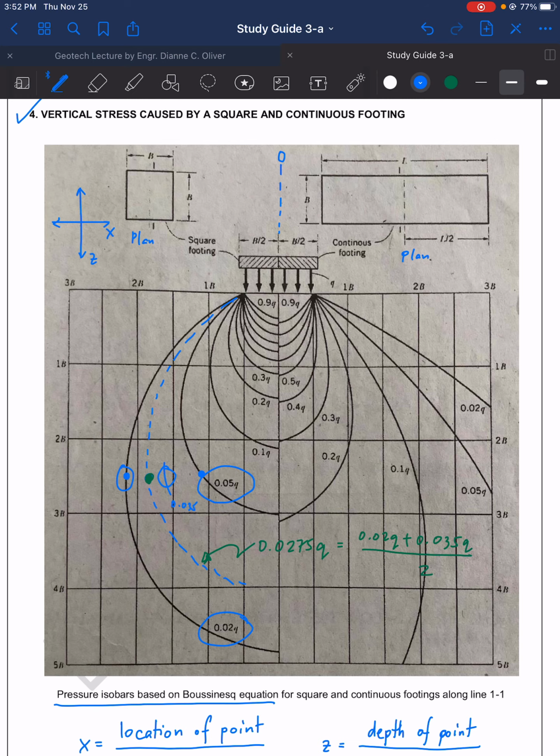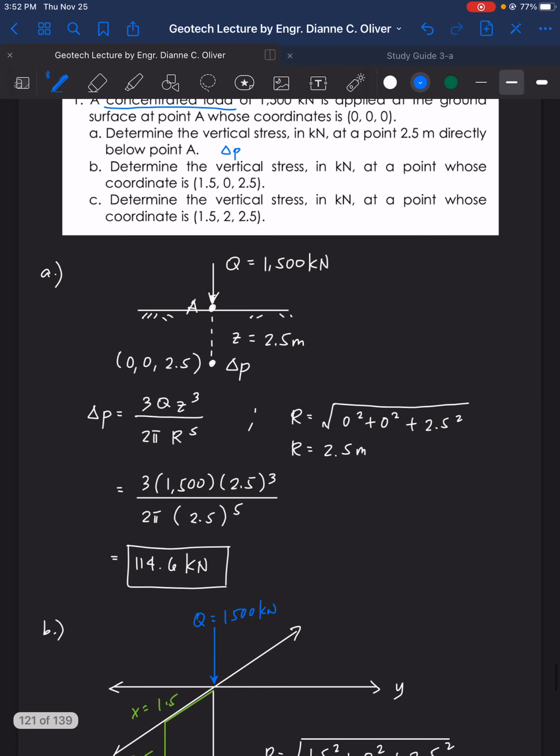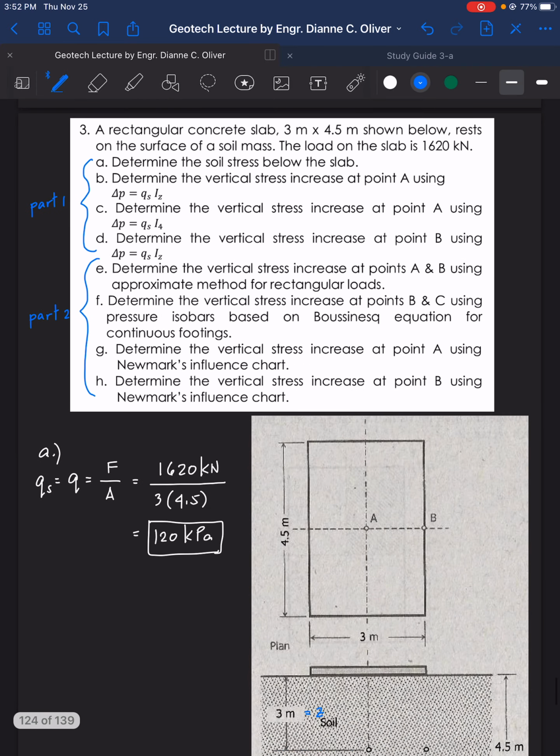So let's continue solving the sample problem. So we are done with number 1, we're done with number 2, we're done with number 3, A to B, A to D. So we're done here already. So what we need to solve today is the E, F, G, H part.